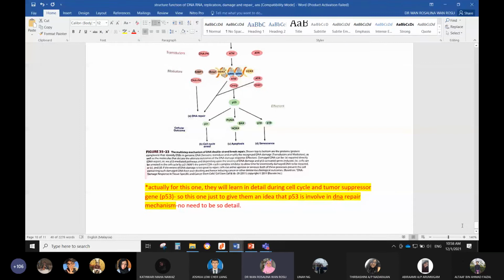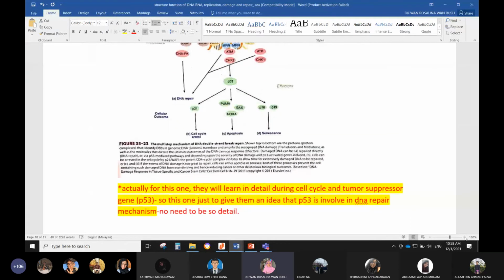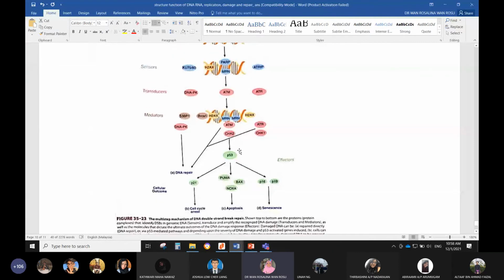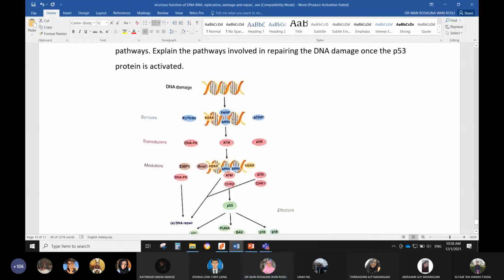If this protein is defective, then we have no protection against any defects of the genes. This is why cancers are usually associated with defects in the p53 protein.